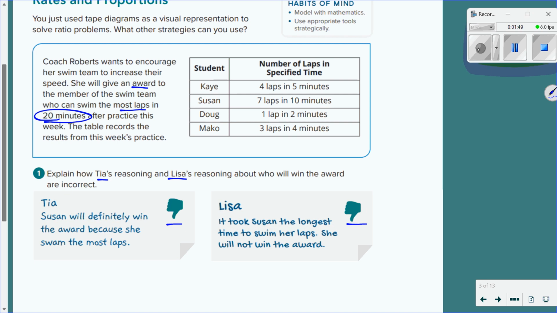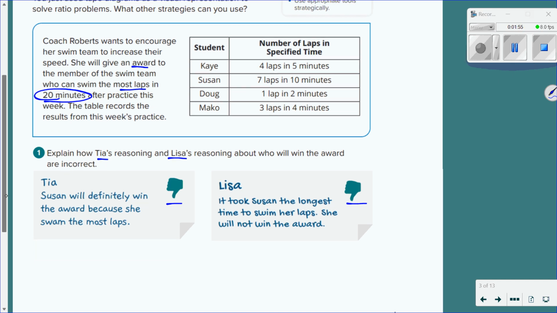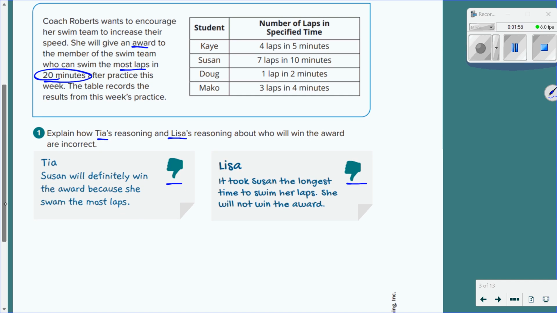Okay, what do you guys think is wrong with Tia's reasoning? She says Susan will definitely win the award because she swam the most laps. What do you think? She didn't do any math. She didn't think about it, honestly. So what did she look at? She didn't look at how much time it took.